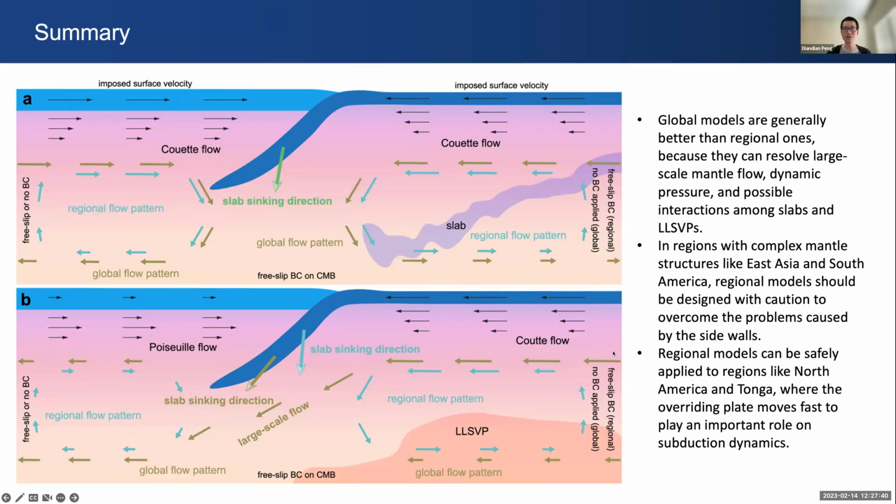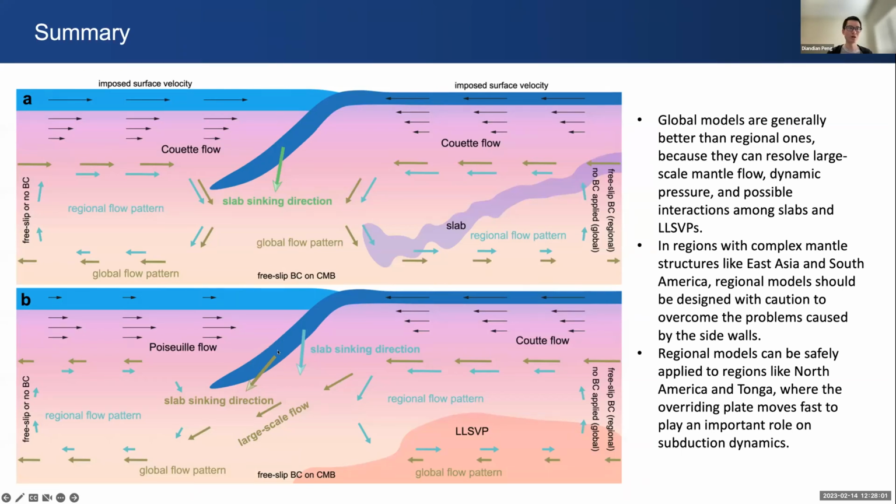However, in the regional models, because of the free slip walls, the flow pattern has to form a convection circle, and it's pretty localized beneath both the overriding plate and the subducting plate.